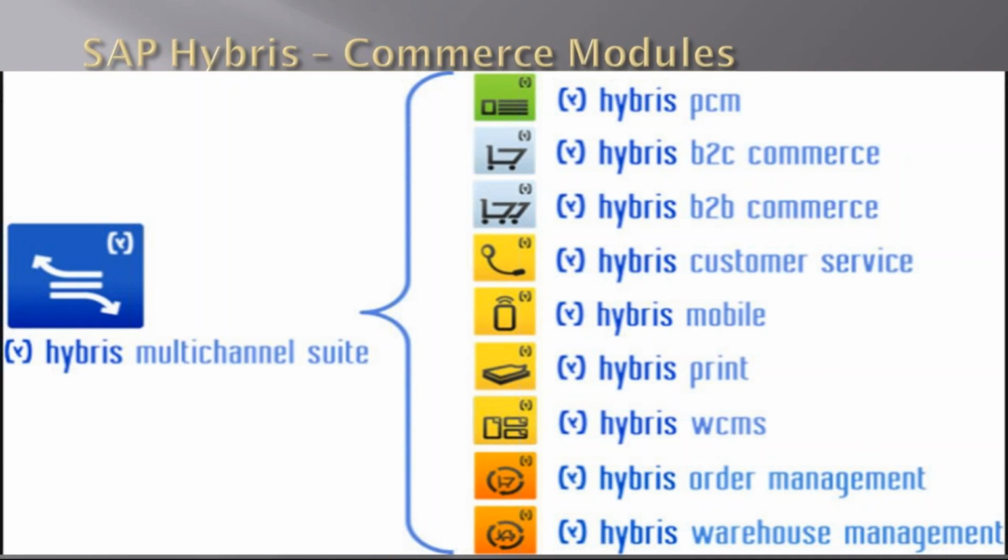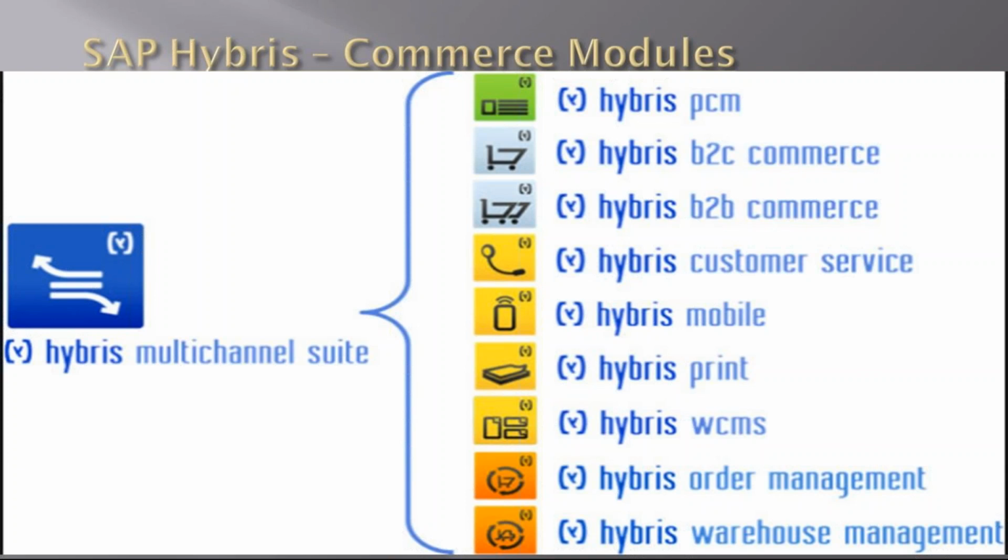Yes, I understand. These are the components available as part of SAP Hybris Core. PCM, product content management, is a mandatory component, part of the multi-channel cockpit, and similarly B2C and B2B commerce. You can use one of them or both based on your client's or business requirement.